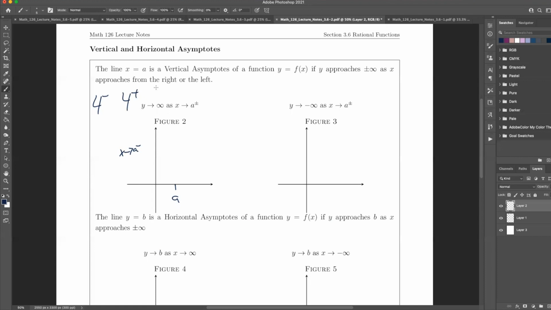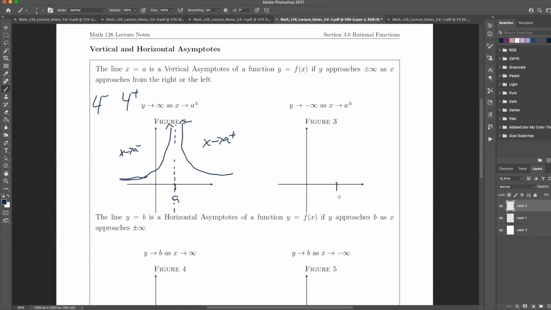So you can tell that means approach from the left and approach from the right. Sometimes you'll draw asymptotic lines as dotted lines, and that way you know the function will come in and go up to infinity. And here, as x approaches a positive, that means coming in from this side.